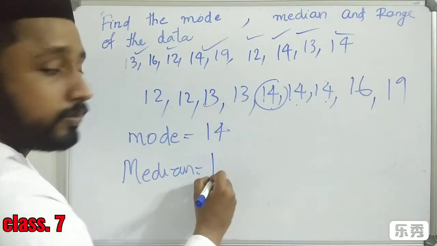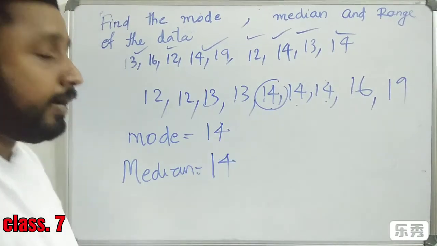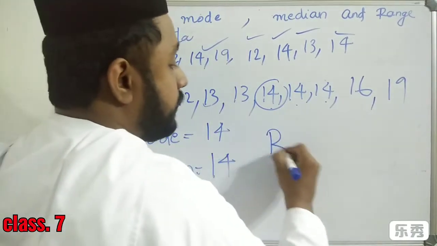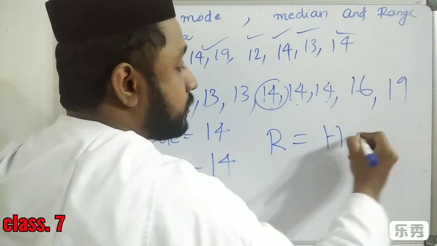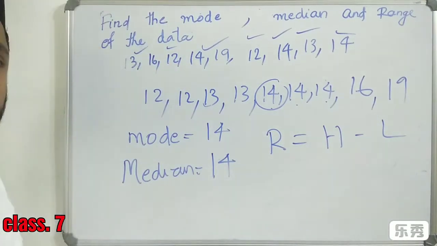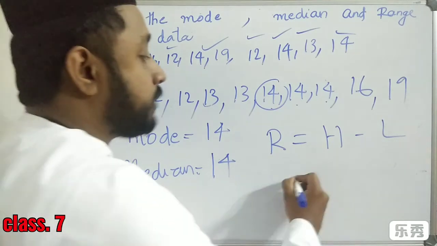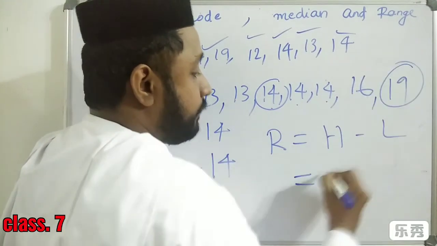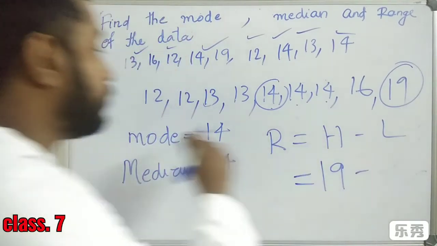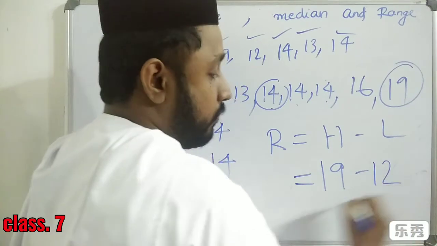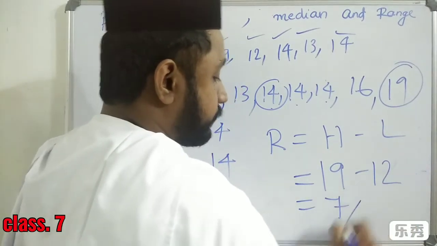So the median is 14. Last, range means highest minus lowest observation. The highest is 19 minus the lowest 12, which is 7.